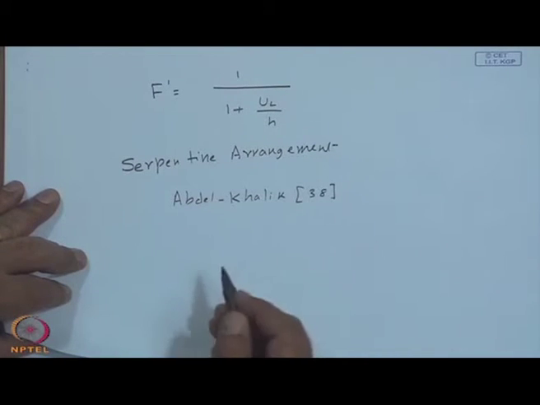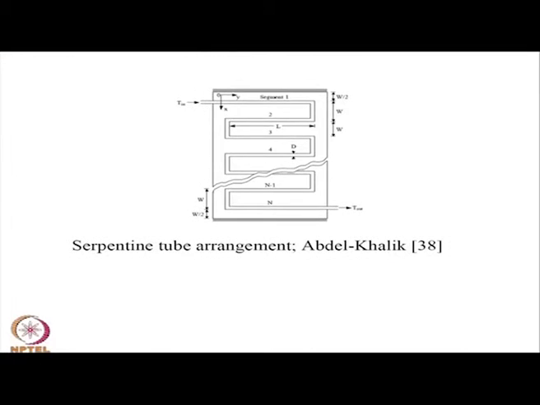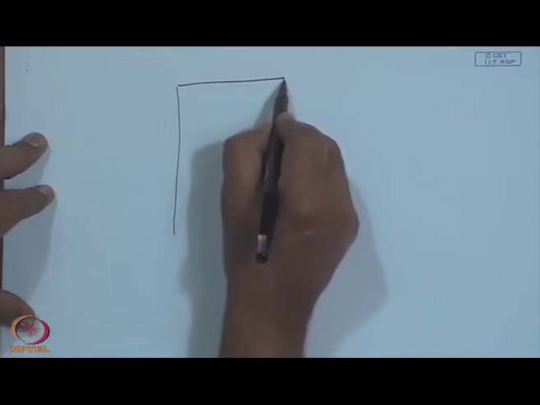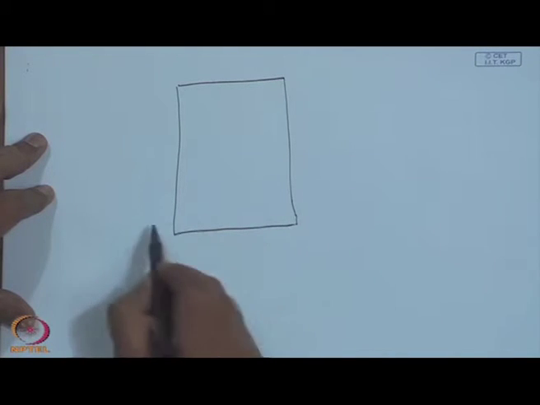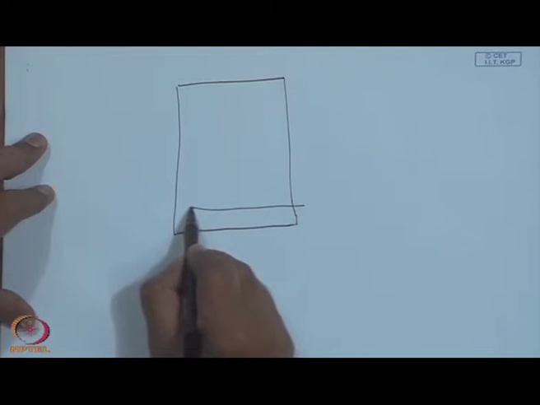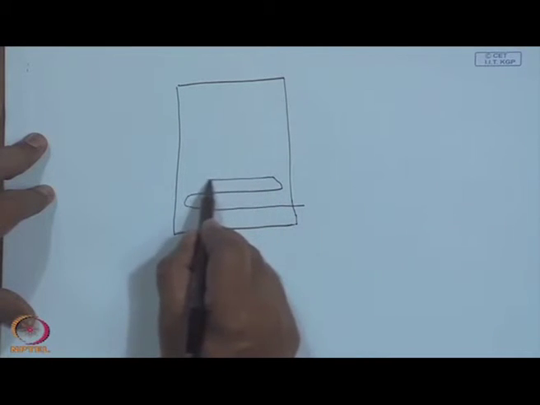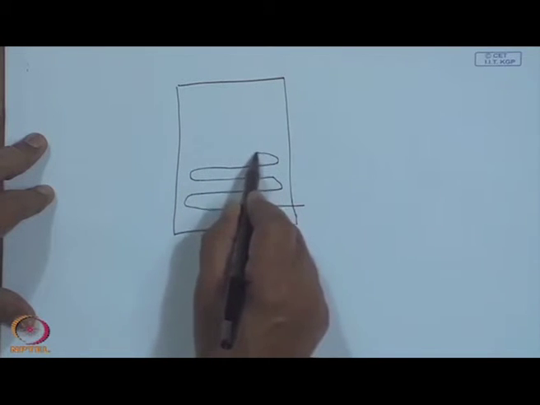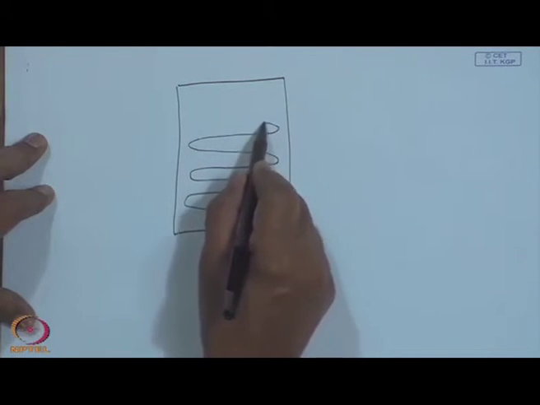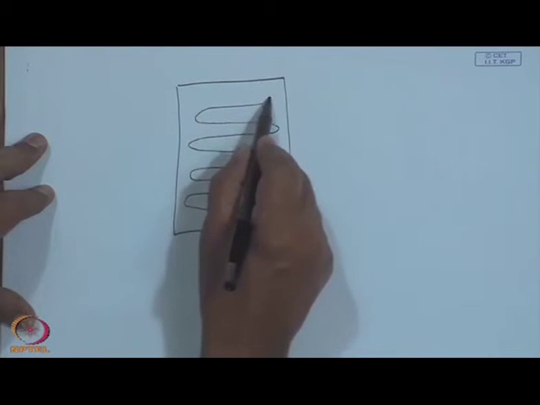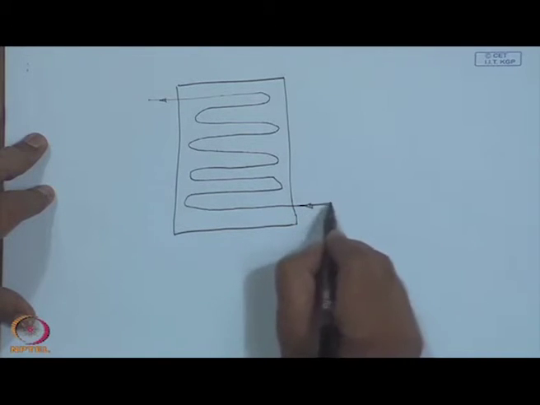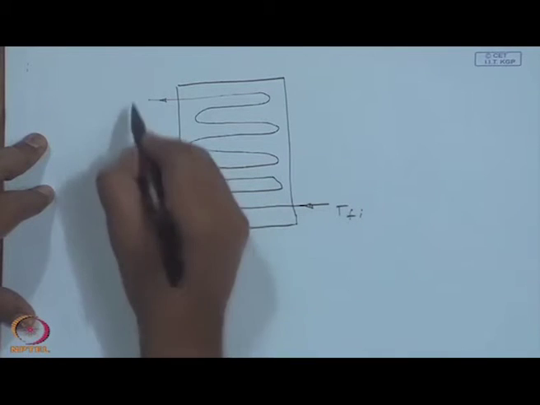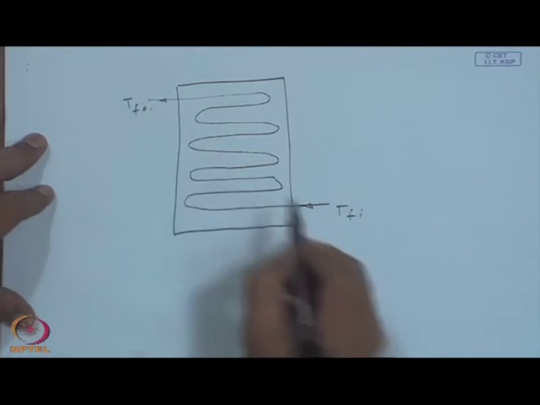Before this picture can be even simply shown, this is the absorber plate, and you have a tube in serpentine fashion, so this will be the entry point with the temperature T f I and goes out at T f O.